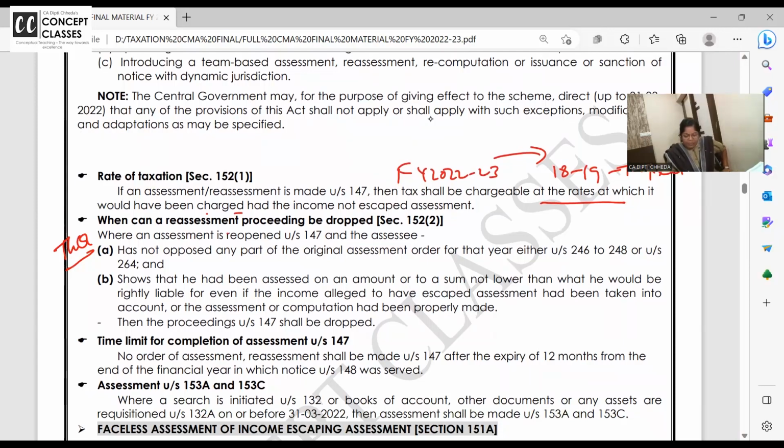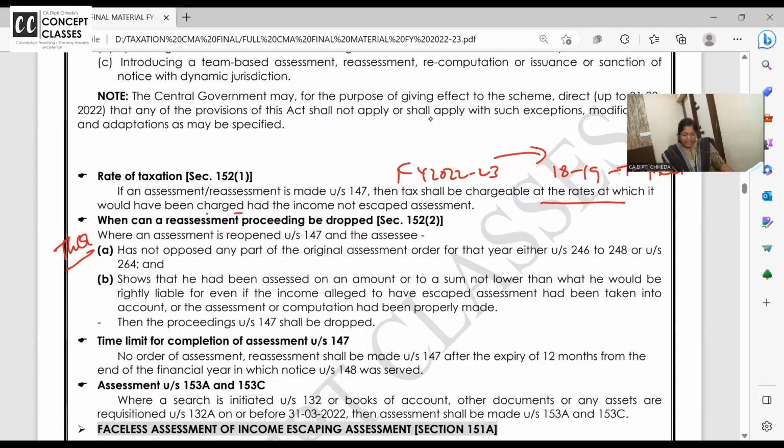When can reassessment proceedings be dropped? We wanted to reassess the income in 147 because we are sure that some income has been hidden. Okay. So in these cases, when can reassessment proceedings be dropped, meaning they have raised 147 but now it is dropped? Why will it happen?